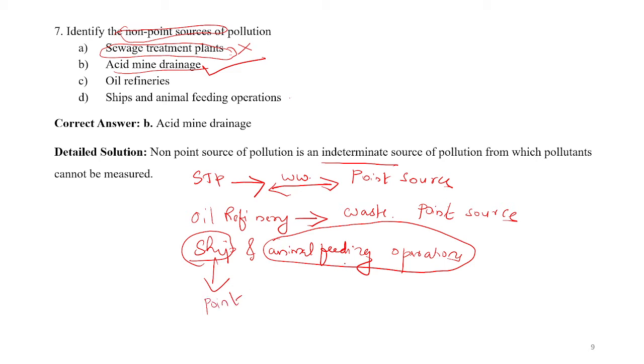Animal feeding operations means a type of animal feeding industry, like we say aquaculture. When it is done on a commercial scale, we know how much waste is generated. So this is also a point source.